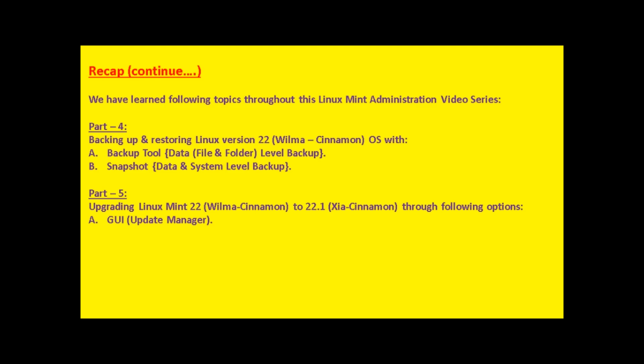Edit preferences and you can go to the option to upgrade to Xia Cinnamon or whatever the latest one. Simple one. This is the GUI way. And the second way, through the terminal or command line interface, we can upgrade by replacing our package sources and repositories. Those things also we have learned in part 5.